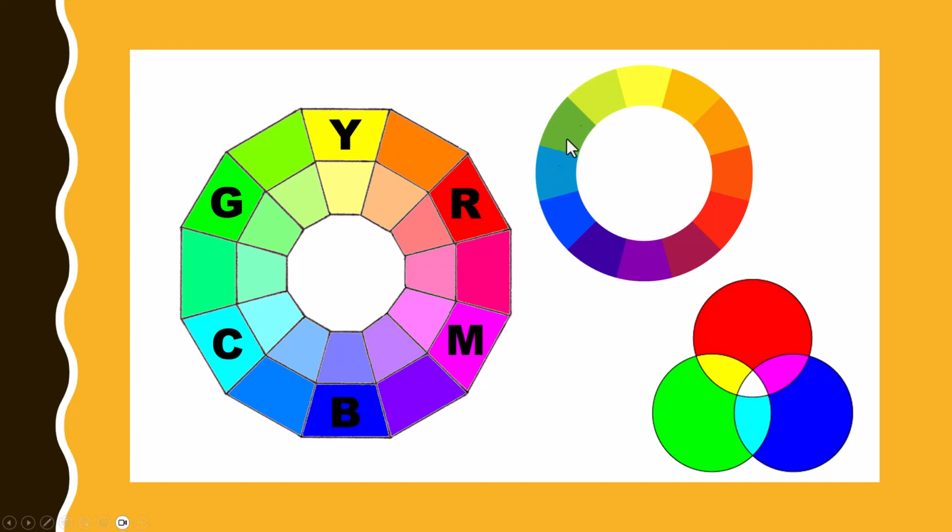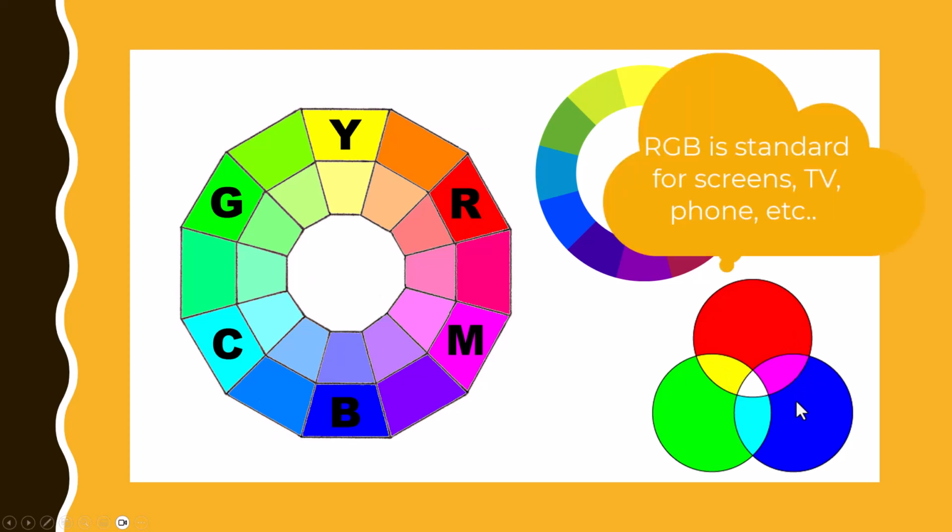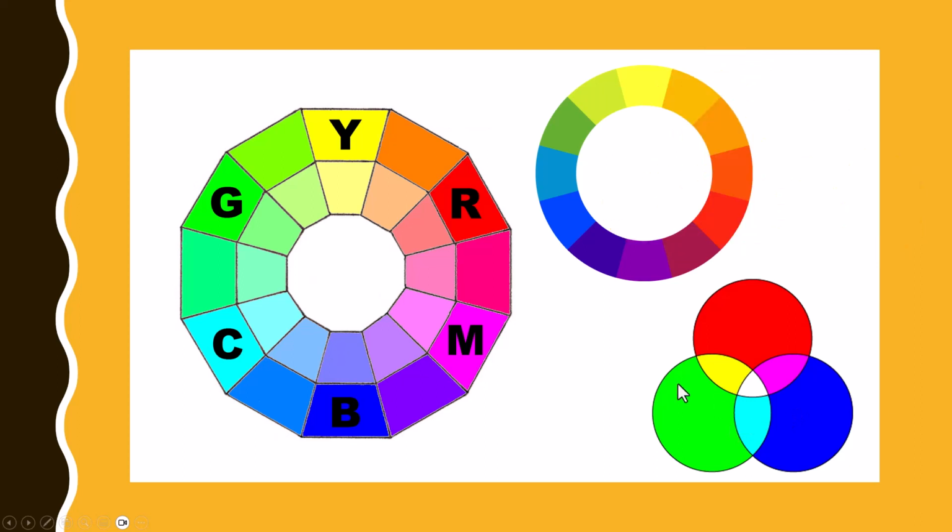Our standard color wheel, and this is using red, green, and blue. Red and green together produce yellow. Red and blue produces magenta. Blue and green produce cyan.